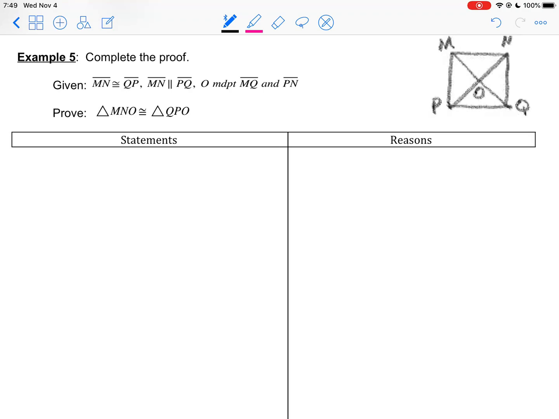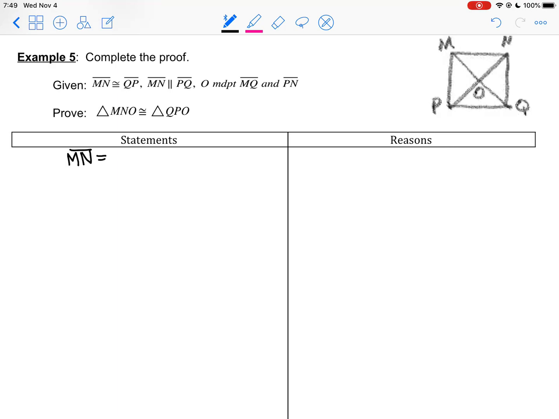So the first thing I'm going to do is introduce a given. Since we have a congruent given, we have a parallel given, and we have a midpoint, and those all three say different things, I'd like to introduce them on different lines. So the first thing I'm going to introduce is that given that says congruent.